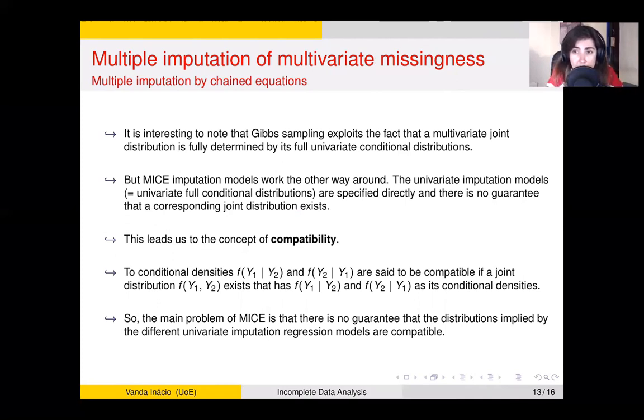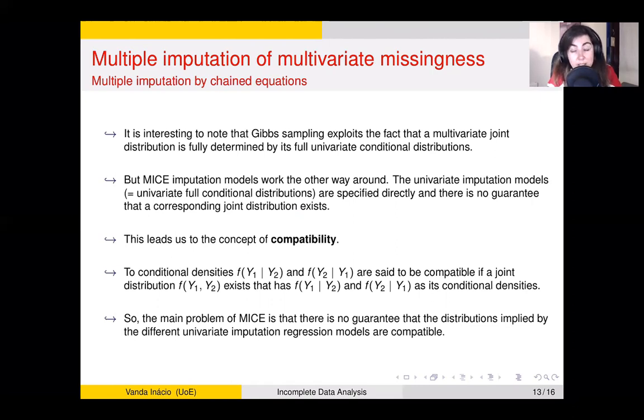What we do is that we work out the full conditionals, the conditional distribution of y1 given y2 and y3, of y2 given y1 and y3, and of y3 given y1 and y2, and we sample from those distributions, and it was shown that this corresponds to sampling from our multivariate distribution of interest.